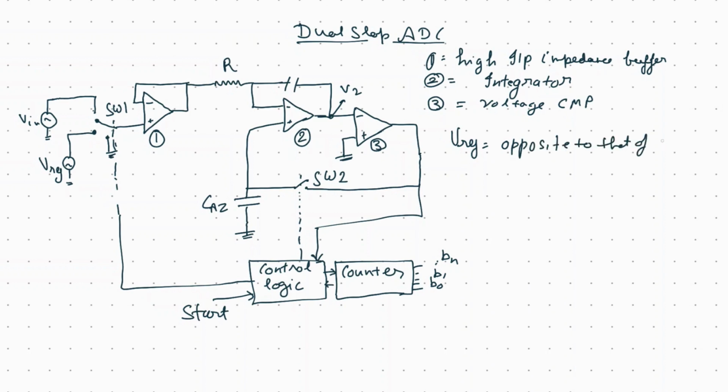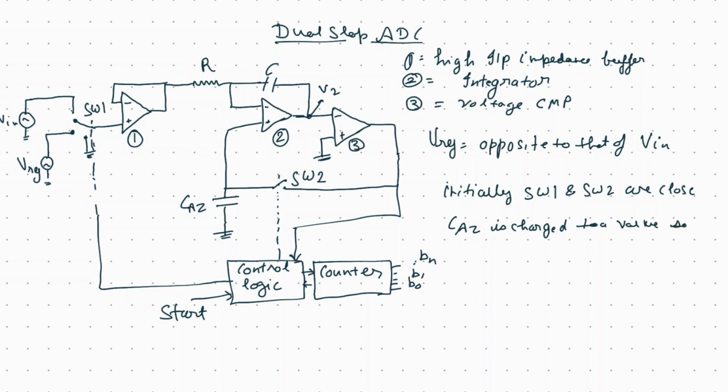Initially, switch SW1 is connected to ground and SW2 is closed. So CZ will get charged towards the value of V2, until the output V2 becomes 0.